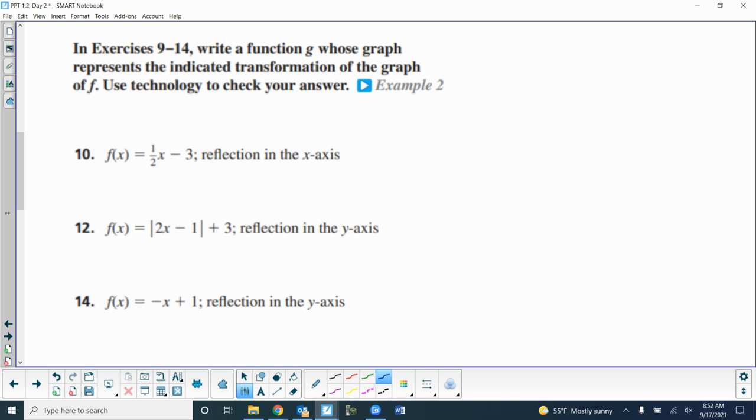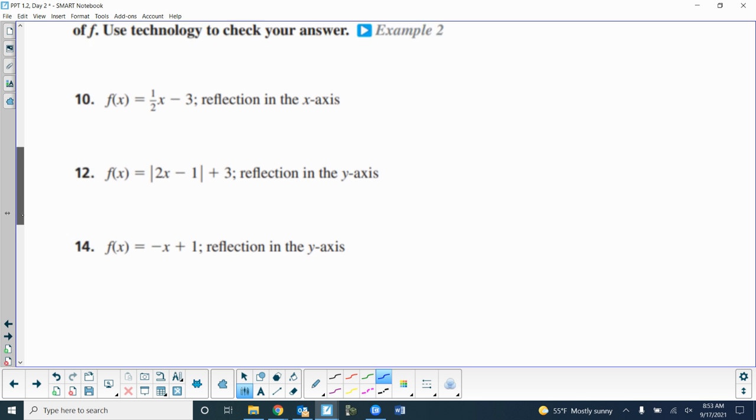Okay, reflections. For a reflection in x, you put a negative out front. For a reflection in y, you make your x inside negative. Good? No questions? All right.